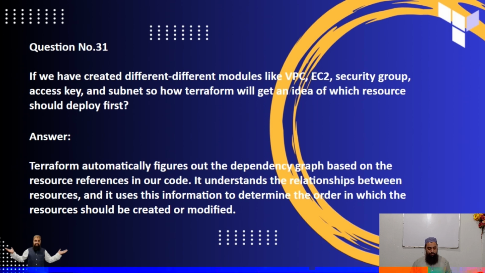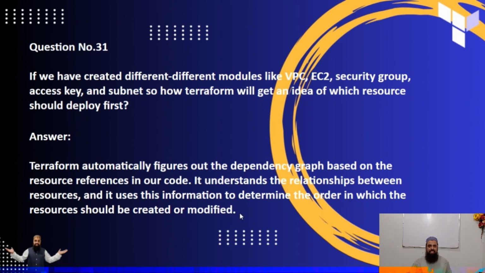So yes, Terraform automatically figures out the dependency graph based on the resource references in our code. It understands the relationships between resources and uses this information to determine the order in which the resources should be created or modified.